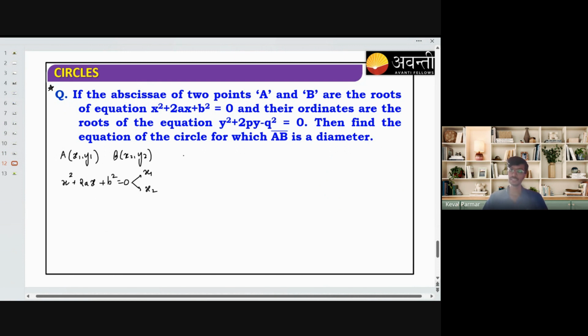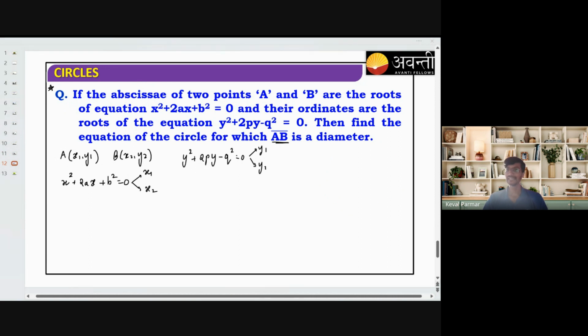Similarly, the other equation y square plus 2py minus q square equals 0 has roots y1 and y2. Clear, guys? So we have to find the equation of the circle with AB as diameter.